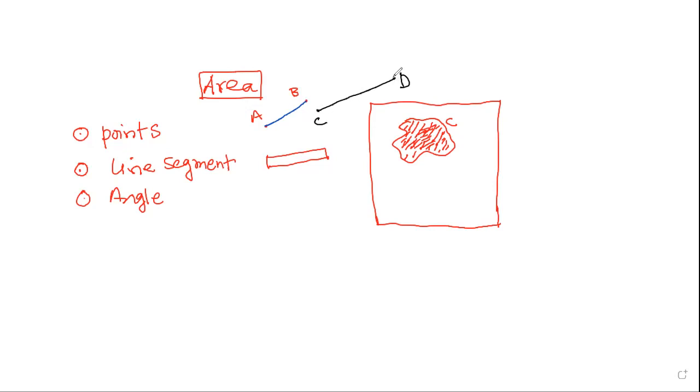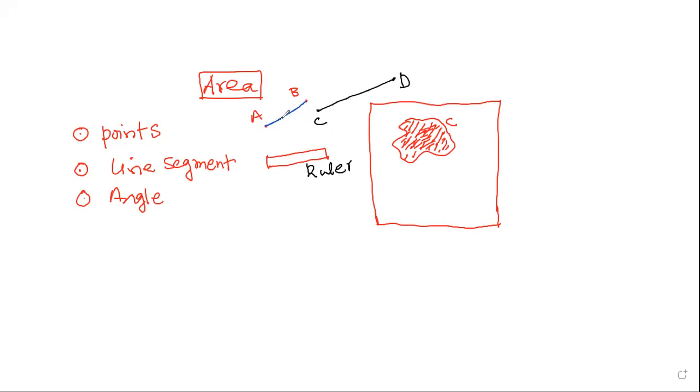Now by looking at these two line segments, it is clear that line segment AB is smaller than line segment CD. But in modern mathematics, from the 19th century, we believe we have a ruler. Then we put this ruler here and also here.